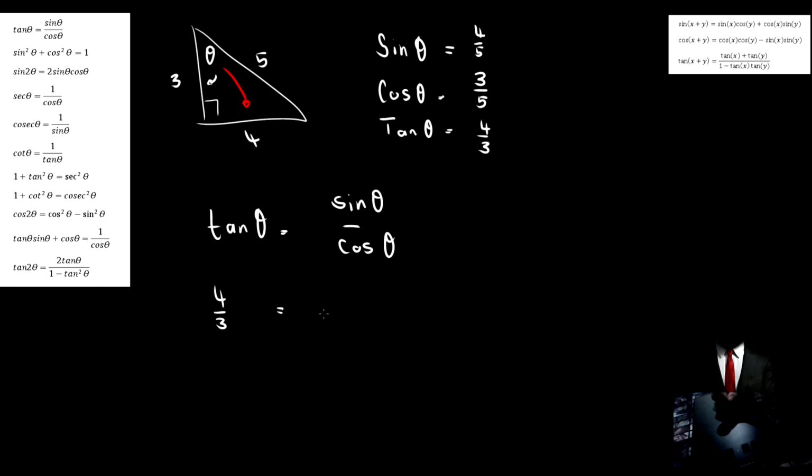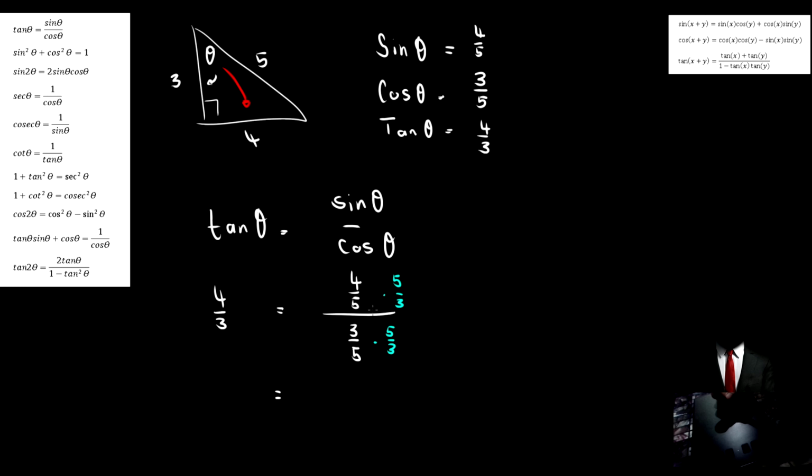Okay. Sine of theta is 4 over 5, while cosine theta is 3 over 5. Now I can multiply both top and bottom with the reciprocal, since I don't want a fraction as a denominator. So let's multiply it with the 5 over 3 on both top and bottom.